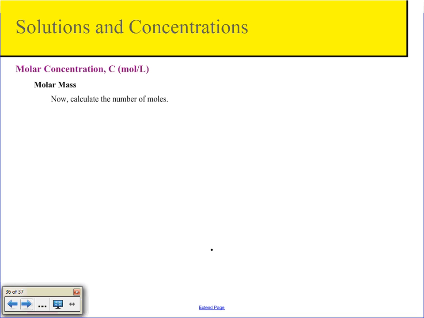Now, we need to calculate the number of moles. The mass of the solute that I had was 30 grams. The molar mass of that molecule is 142.04 grams per mole. And I need the number of moles, I need that n.